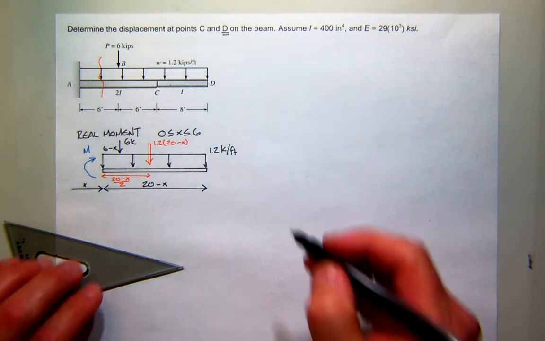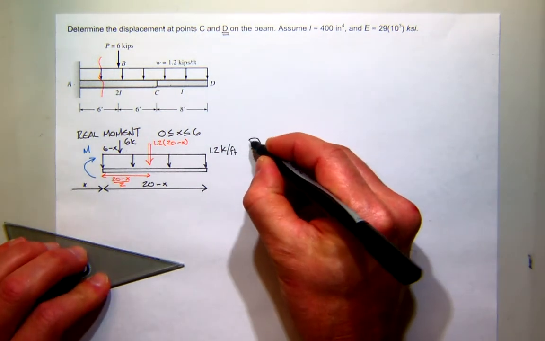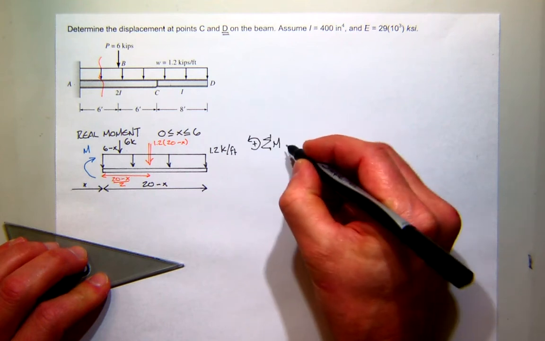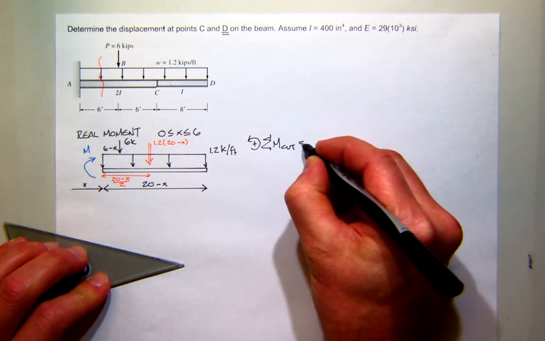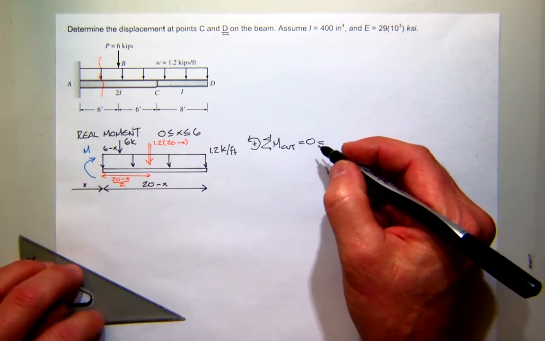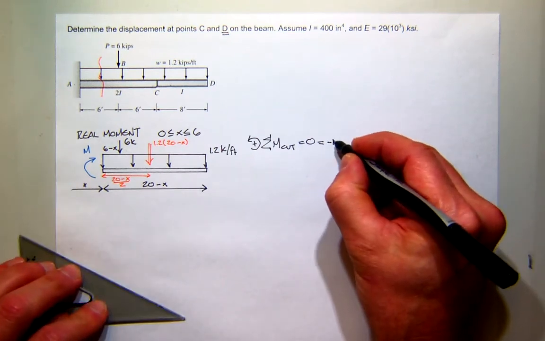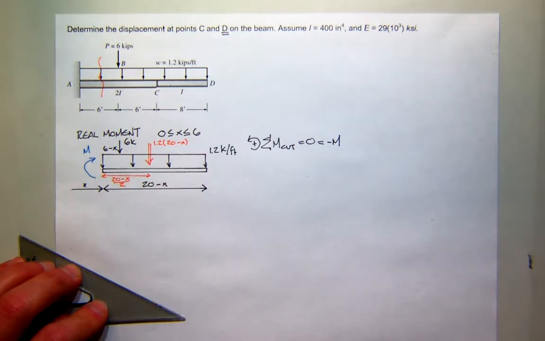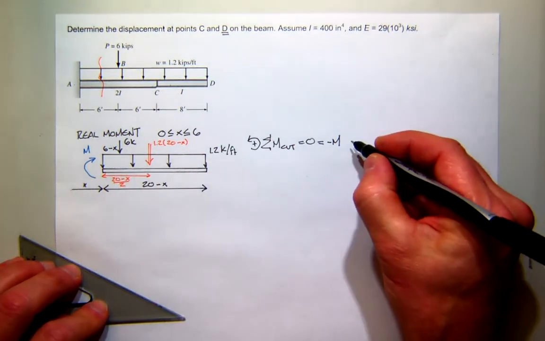So now I just start summing my moments. I'll sum the moments at this cut. And let's see what we've got. So I've got the internal moment here, M, which is negative using right-hand rule. In fact, all the moments of all my forces are going to be negative. So I'll do the first one.